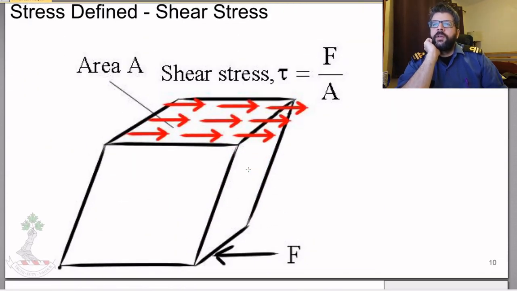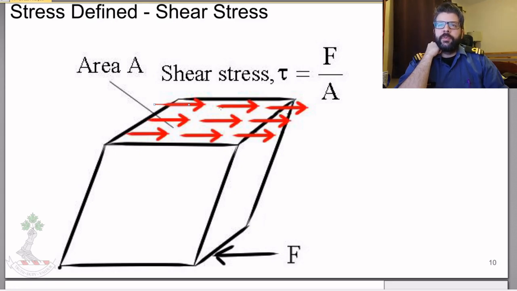So yeah, shear stress is calculated just, we've got a certain amount of force we're applying to one end of the cube, and it's on the face of the cube itself, we've got this distributed load here.